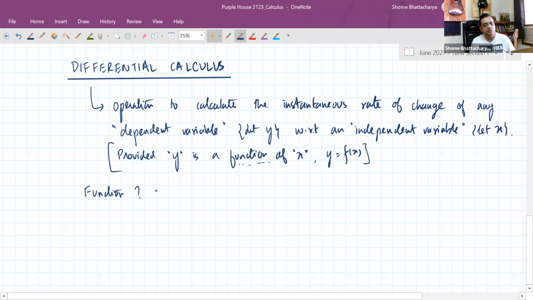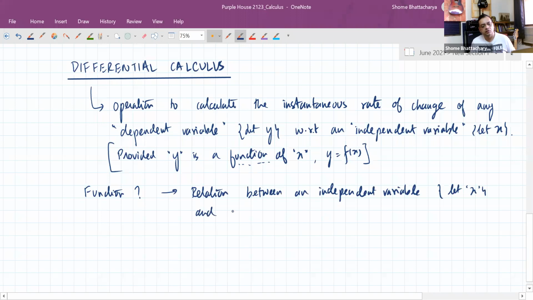that a function, simply speaking, is a relationship, a maths relation between an independent variable, and typically we take it as x, and a dependent variable.